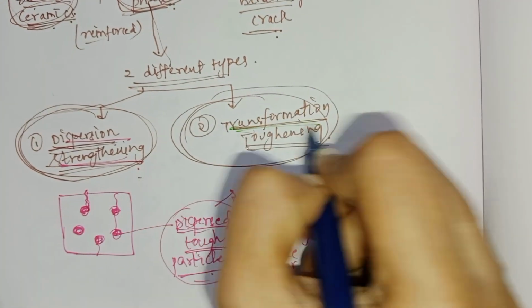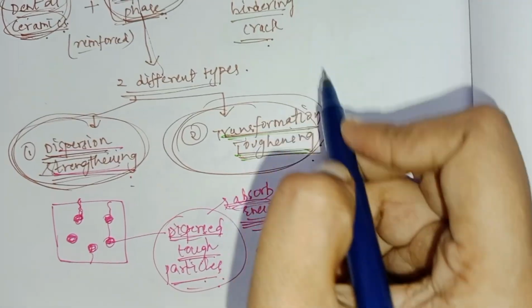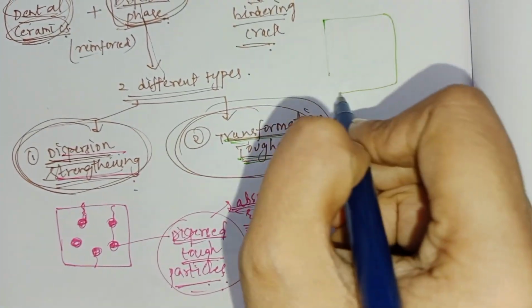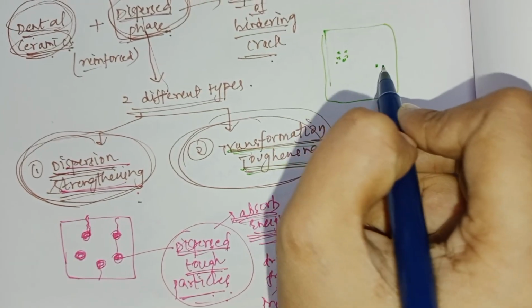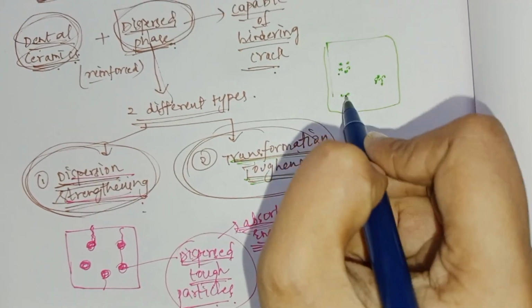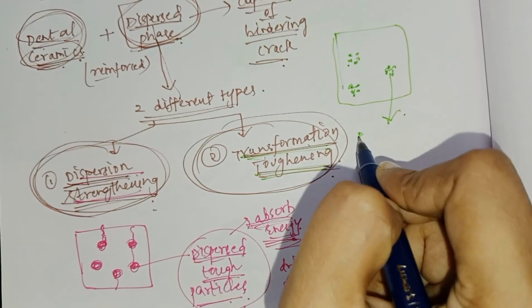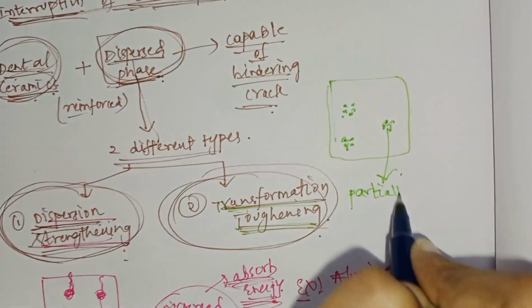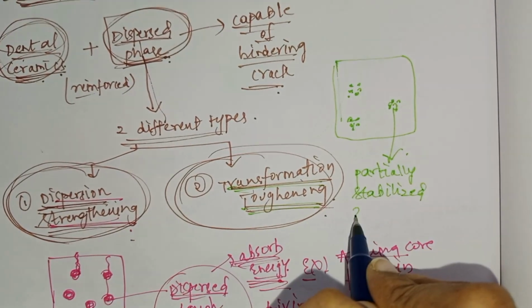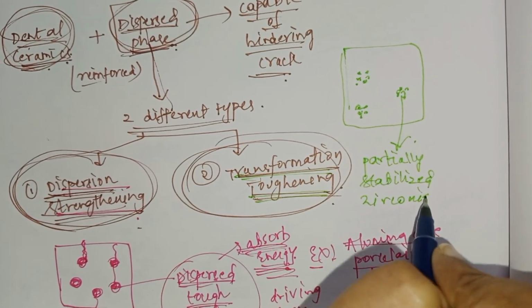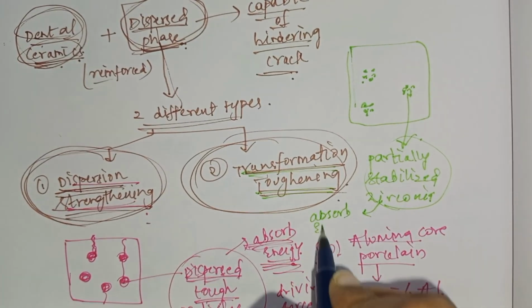Now let us see about transformation toughening. Here, introduction of partially stabilized zirconia takes place. These absorb the energy.